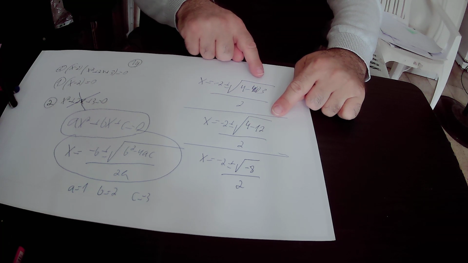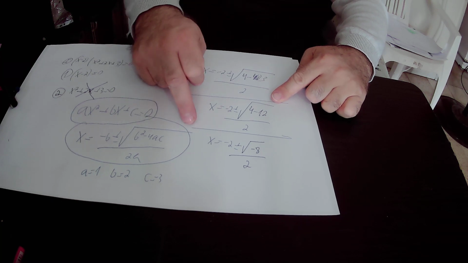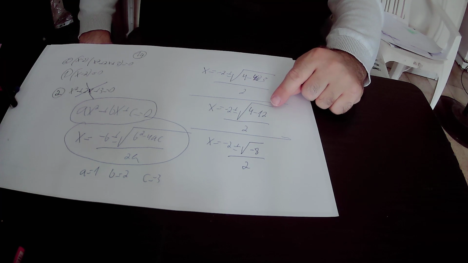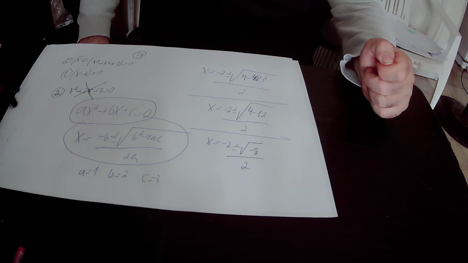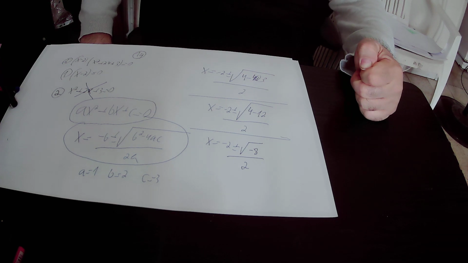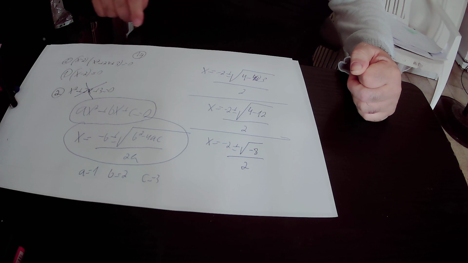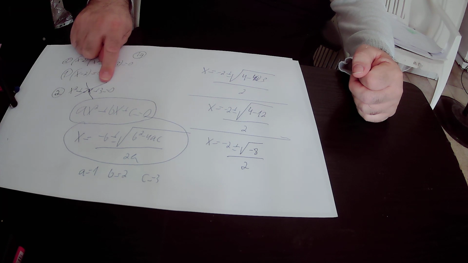So it is 4 minus 12. Inside the root we have 4 minus 12, which is minus 8. And because a negative number doesn't have a real root, there is no solution for this quadratic equation. So this possibility is not correct.